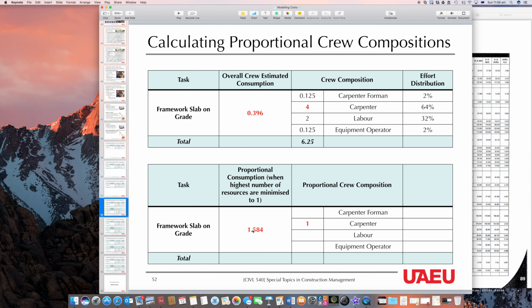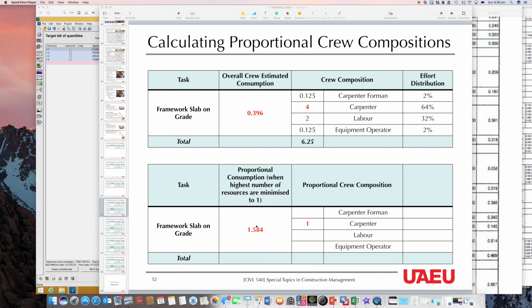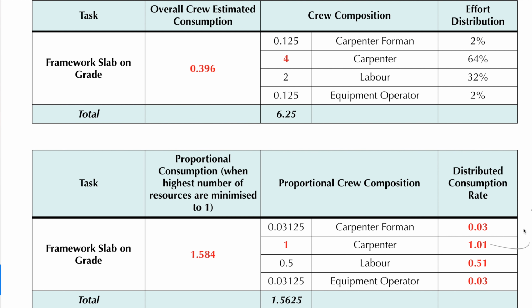And that shows the new consumption rate, which represents the labor hours needed to produce a square meter of formwork. But now we are interested in finding what is the stake that each of these crew types has in this consumption rate value. This should be proportional to the distribution of effort devoted by each of these workers as found in the upper table. And as such, we could find out the distributed consumption rate.